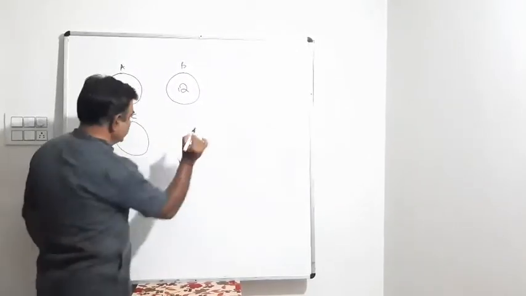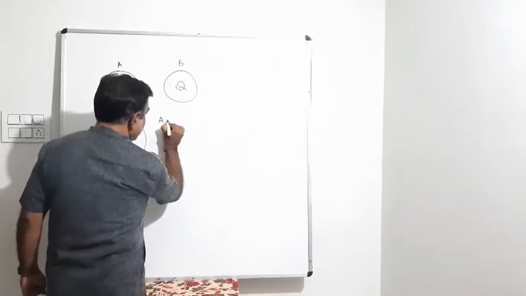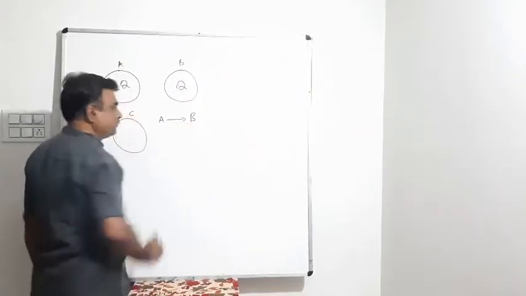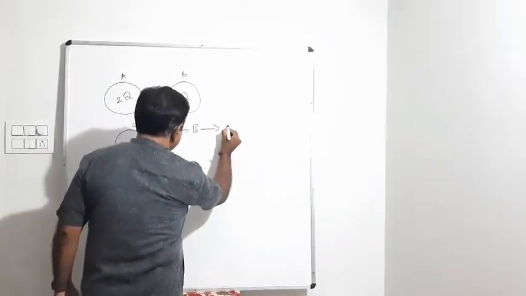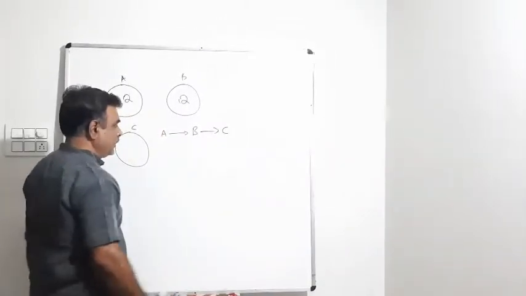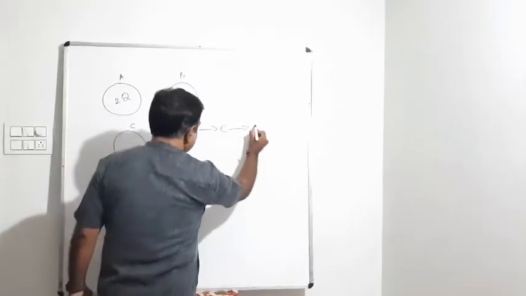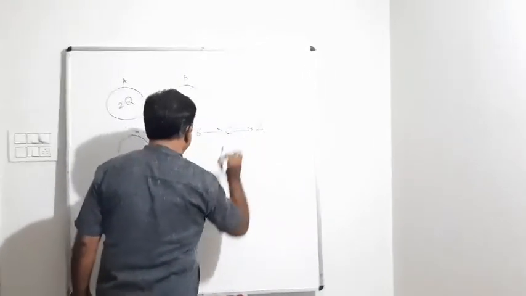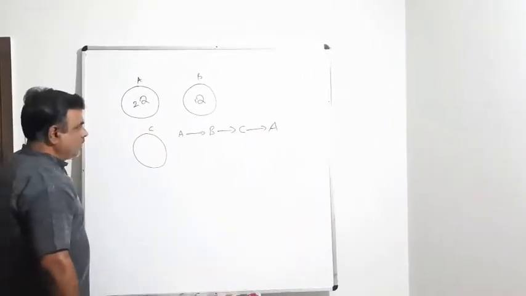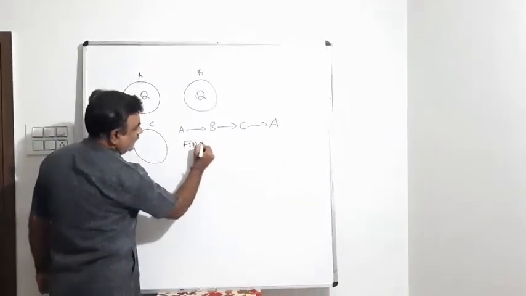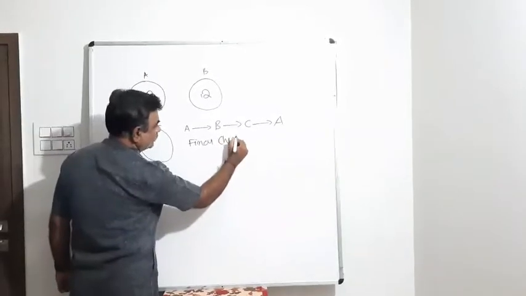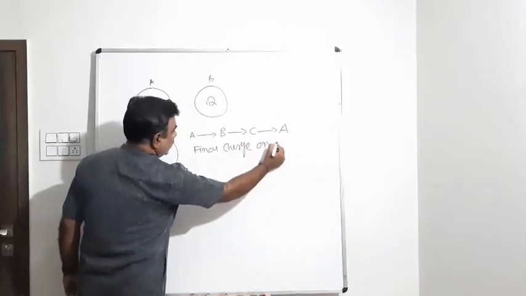Now see the sequence. First we bring A in contact with B, then B in contact with C, and finally C in contact with A. Then the question is, what is the final charge on A?